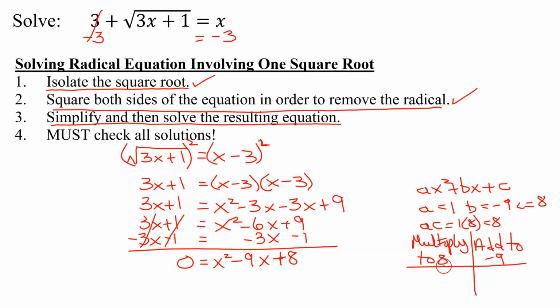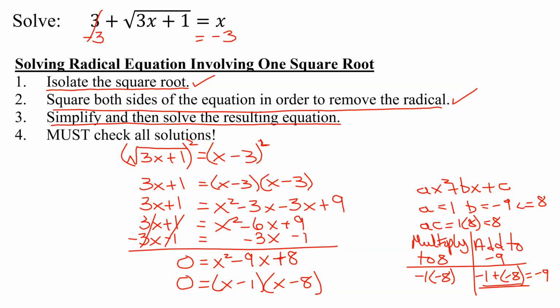If they multiply to a positive, the signs are the same. They add to a negative, so they're both negative. So I'm going to start with negative 1 times negative 8, which multiplies to positive 8. And luckily, negative 1 plus negative 8 adds up to negative 9. So those are my two factors. Since A was equal to 1, I don't have to break down the middle term. So I get 0 equals x minus 1 times x minus 8.